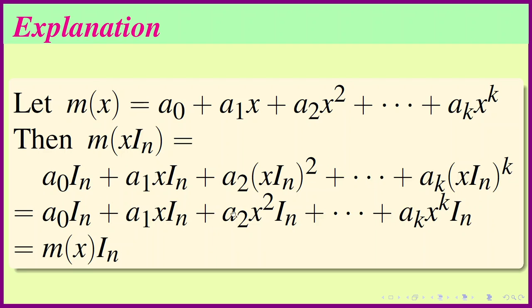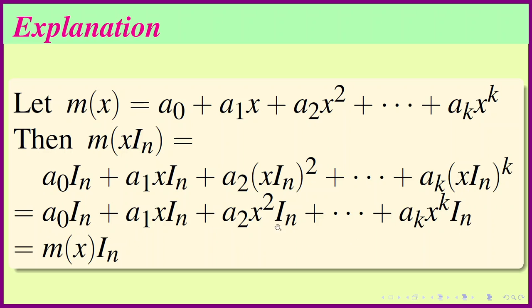Now XIn squared means XIn times XIn, two diagonal matrices, and when we multiply, the corresponding diagonal elements get multiplied. So it is x squared In. Similarly, this is x to the power k In.